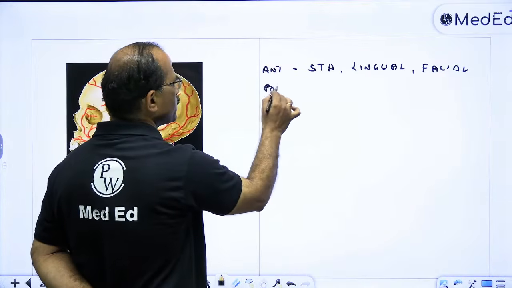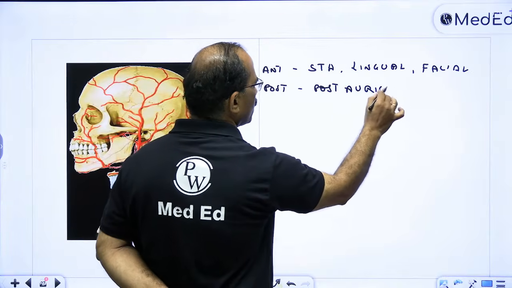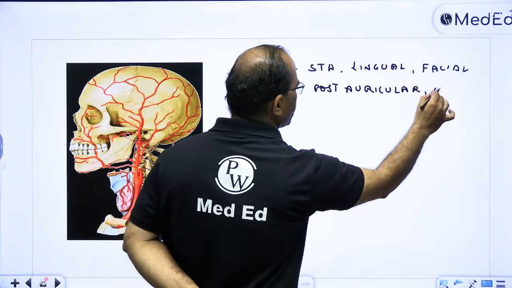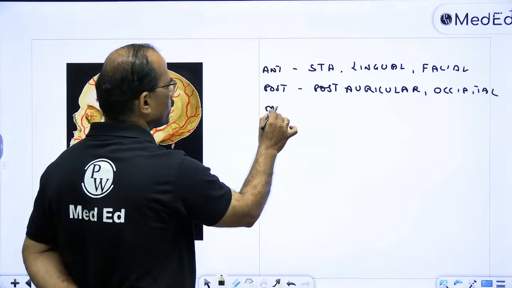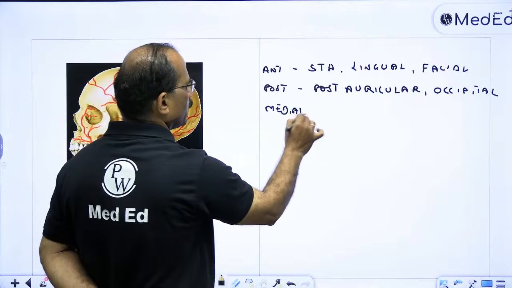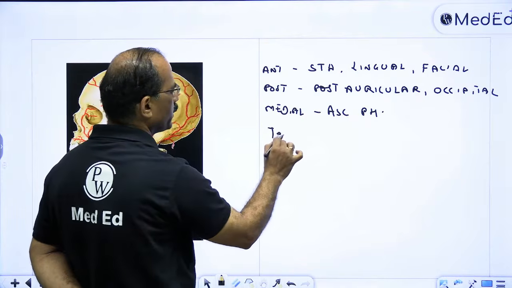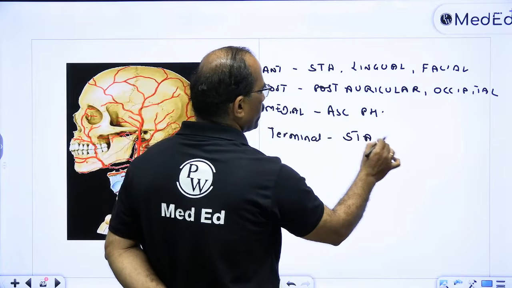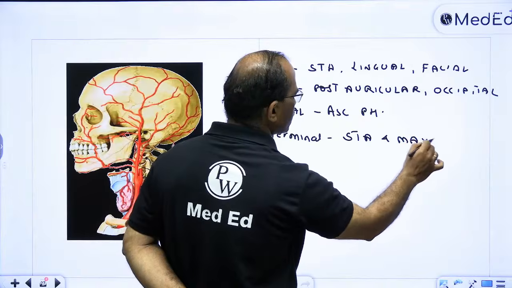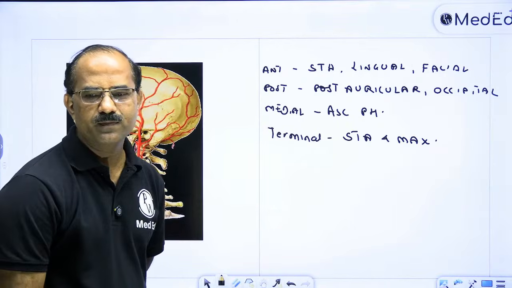Posterior branches is posterior auricular and occipital. Medial branch is ascending pharyngeal and terminal branches superficial temporal artery and maxillary artery.